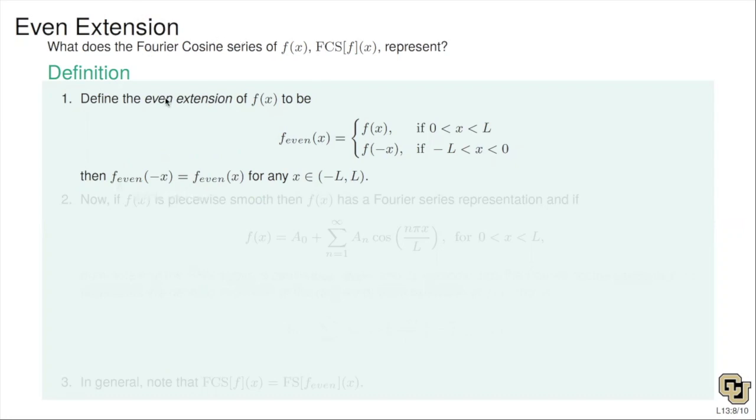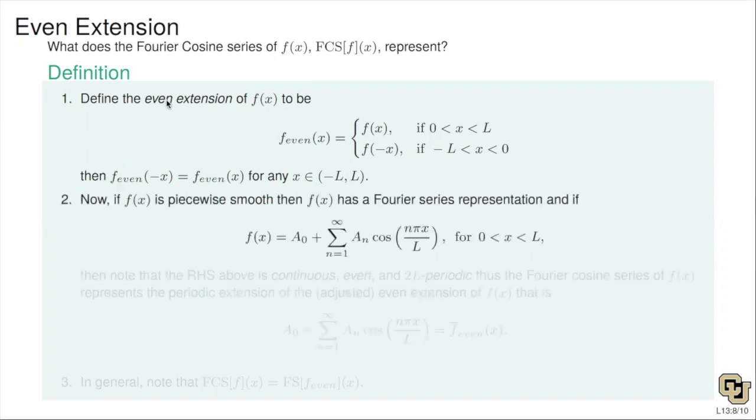So now we have the language to describe what the Fourier cosine series representation of a function is. Suppose we can write f of x equals this Fourier cosine series here, where the original function f is defined on 0 to L. Then we should notice the right-hand side is continuous, even, and 2L periodic.